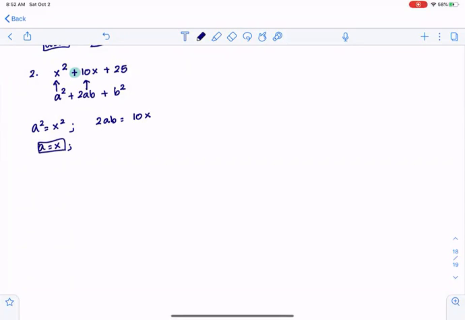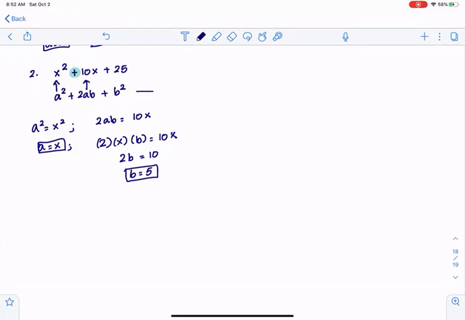I'm going to take that a equals x and plug it into 2ab. So 2 times x times b would equal 10x. Divide by x on both sides. 2b would be equal to 10, which would mean b is 5. So I have the value of a and I have the value of b. I can factor.